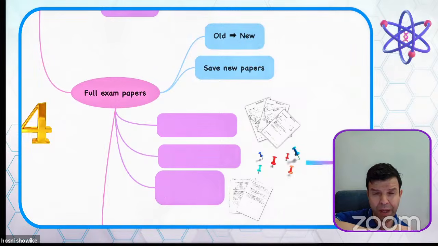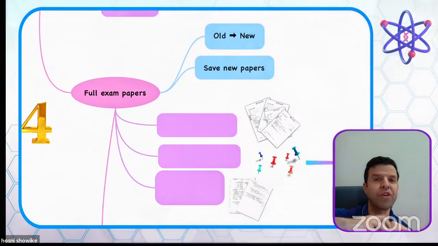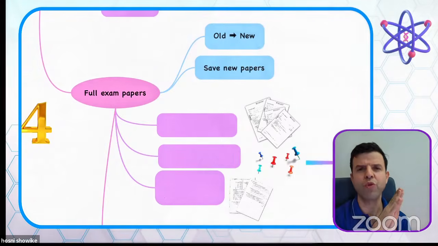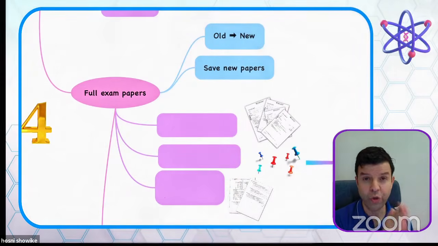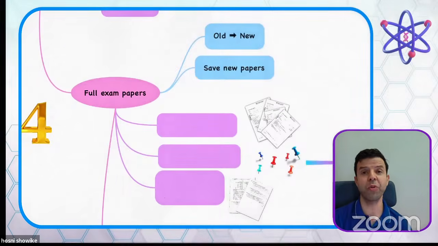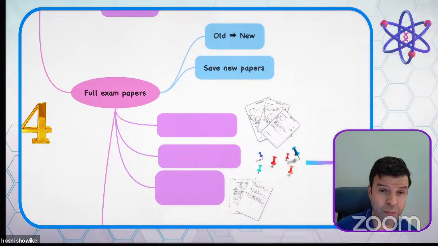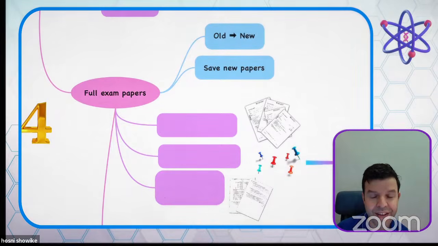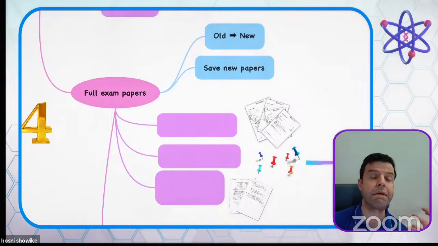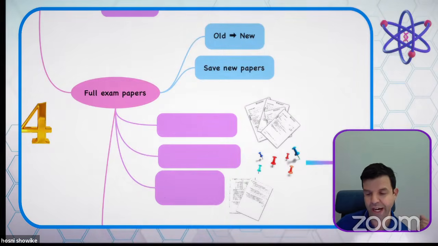Save a couple of exams to the end, meaning those exams of 2023, 2024 are very useful because they're very similar to your actual exam. So don't waste those new exam papers at the beginning, save them till the end, because those are the ones that will help you to mimic or simulate the actual exam.